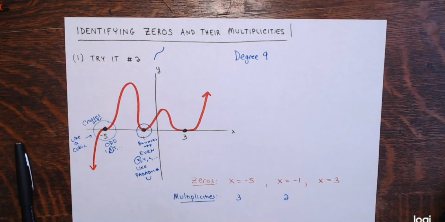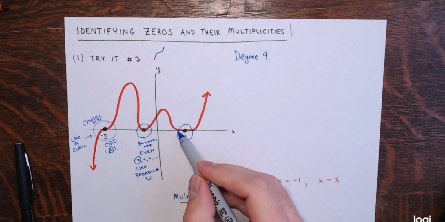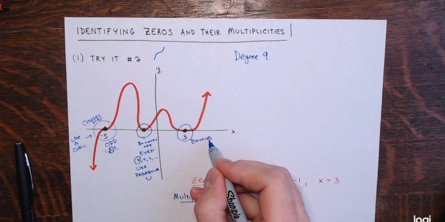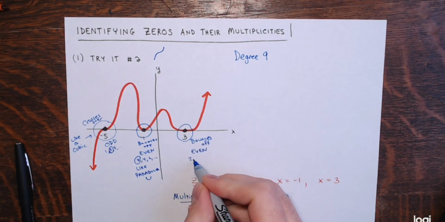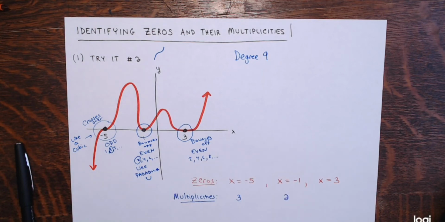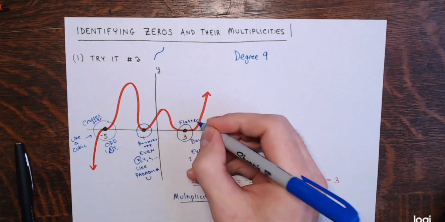All right, and look at this last 0. So again, the graph comes down, it touches, and then comes right back. It bounces off. So once again, we should have an even multiplicity, 2, 4, 6, 8, or so on. But you notice how it's kind of flatter than a parabola here.